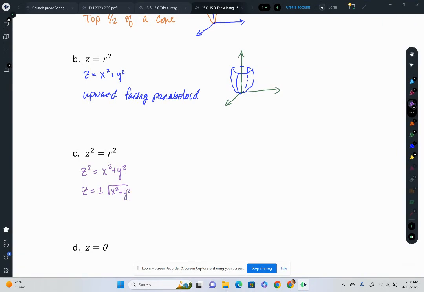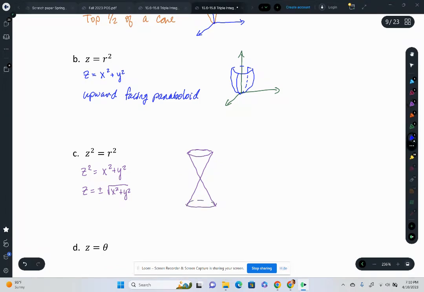That's the top and bottom half of a cone because I have the minus in there as well. So to draw that, I draw a big X, and then I make it circular on top and circular on the bottom, and then I throw in an x, y, z octant, and there's the top and bottom half of a cone. So we call that a full cone.